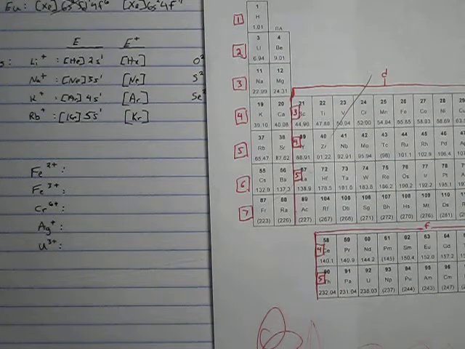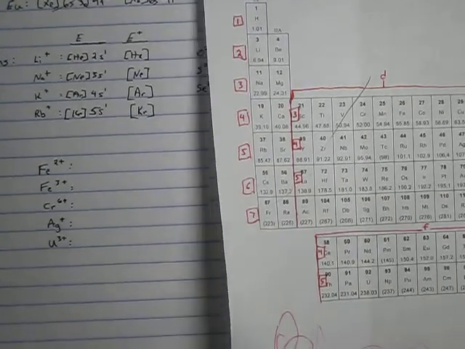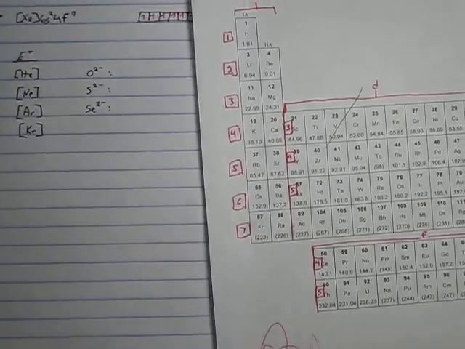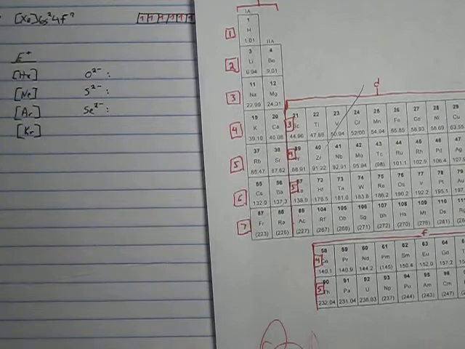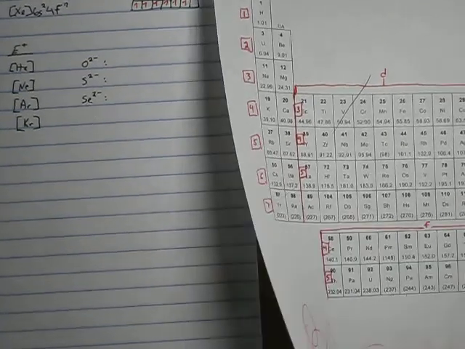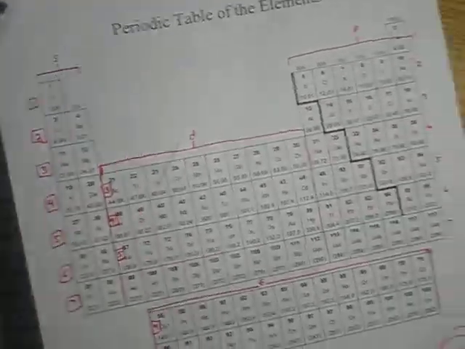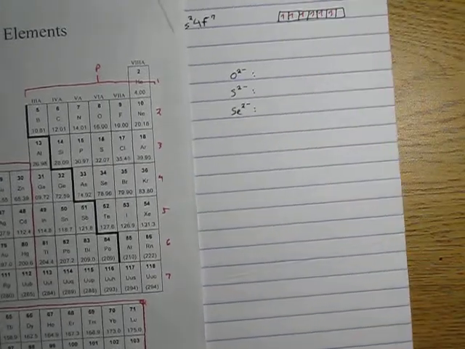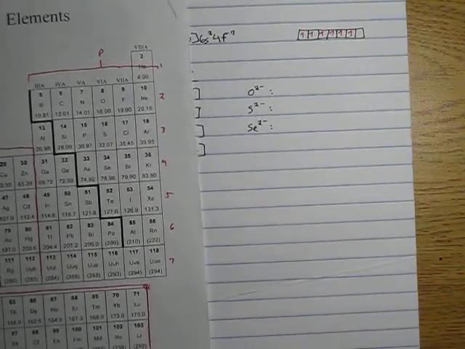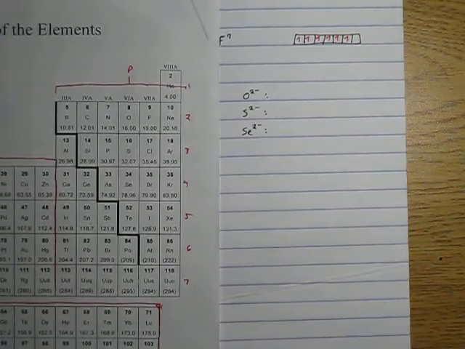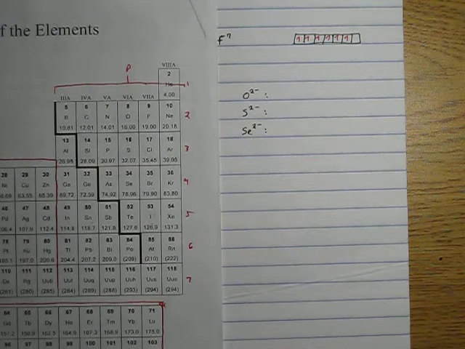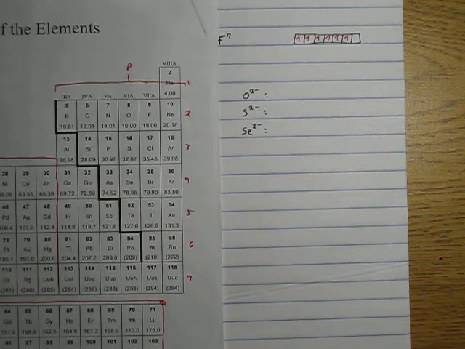All right, what happens when we make ions though? When we make anions, let's look at oxygen and sulfur and selenium. What happens here? Well, we'll just do O2- first, do it the long way, and then we can see what's going to happen to the other ones.